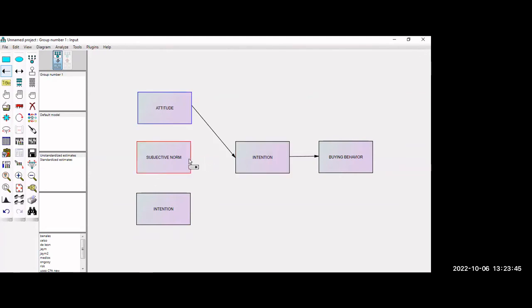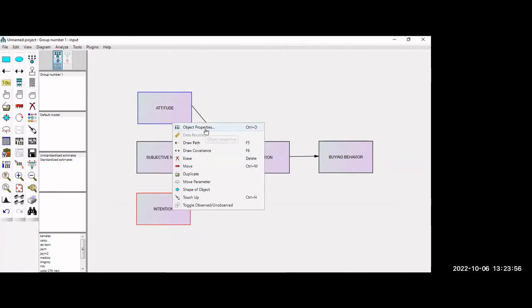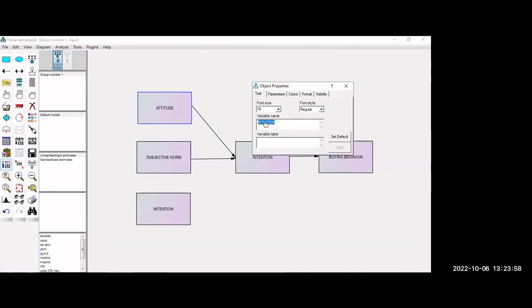Positive or negative attitude towards buying an iPhone, subjective norm, which is social pressure, and the last is the perceived behavioral control. Meaning, can you afford to buy an iPhone based on your perception? So this is what we call perceived behavioral control.